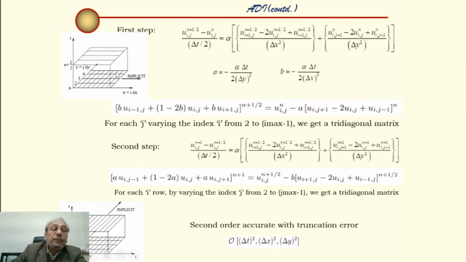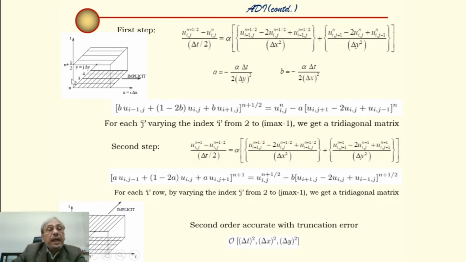So, if this is the plane where we have the dependent variable distributed, here it is temperature, and a grid has been drawn, and these are x and y directions, and this is time direction.